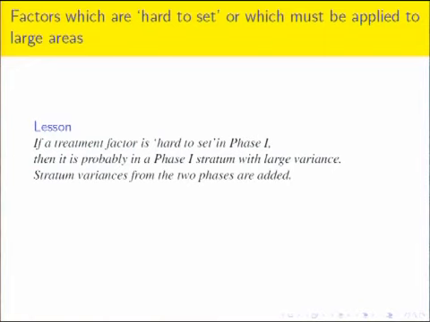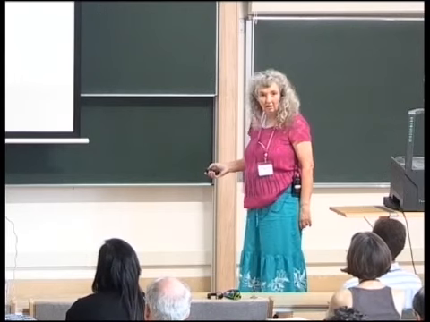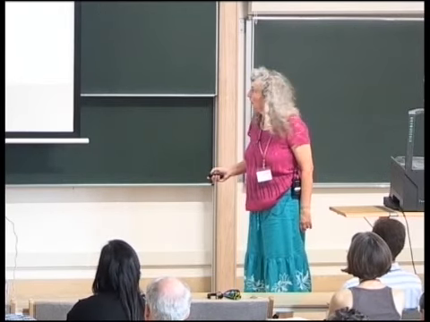Now, we've already seen, I mean, I haven't proved it, I've just shown you that you have to add the variances from the two phases. So if you've already got a large variance from the first phase, what should you do at the second phase?